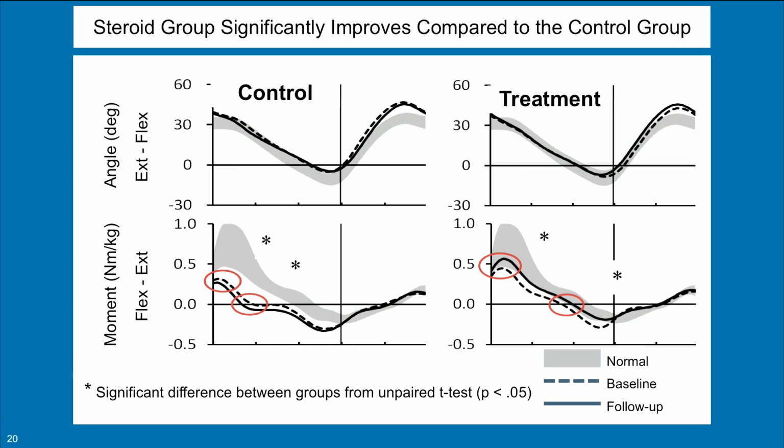Now when we do a statistical comparison between the 2 groups, if we look at the change here for the control group, for both the duration and magnitude of the hip moment, and we compare that to the change for the treatment group, we did find a significant difference between the 2 groups.